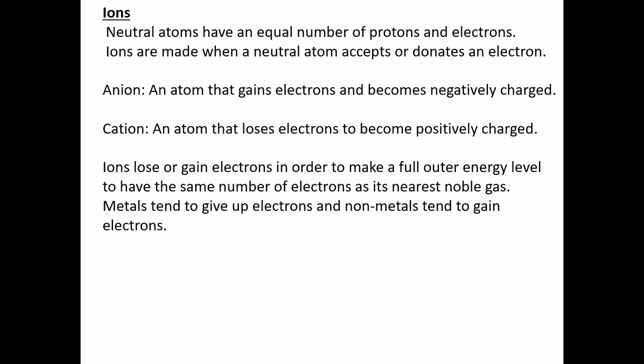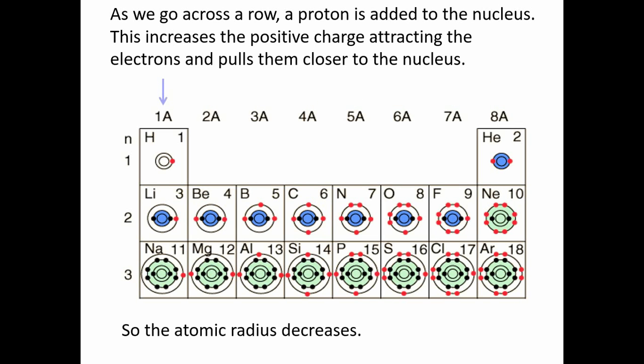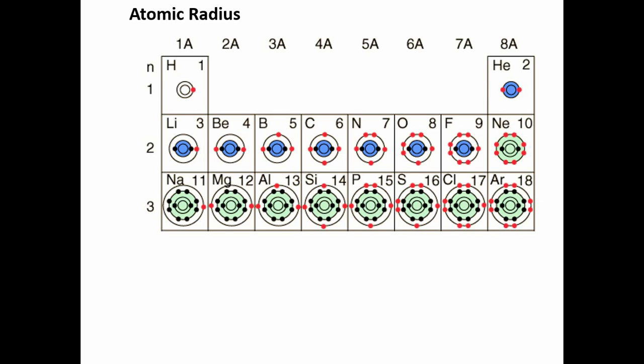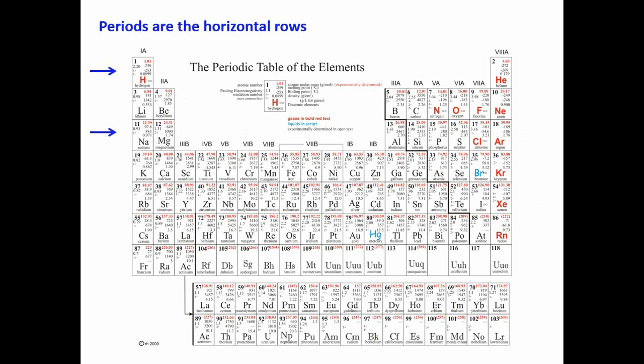Now, the reason that elements form these ions is because, on the periodic table, we notice that our noble gases are very, very stable.